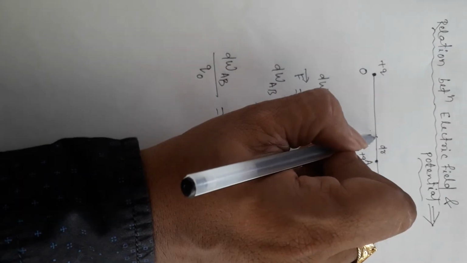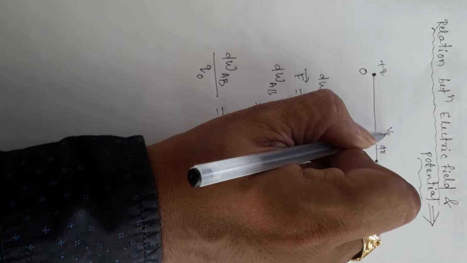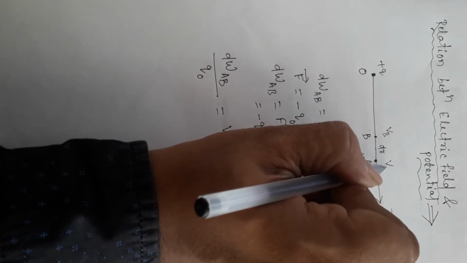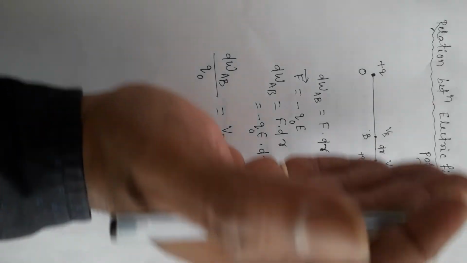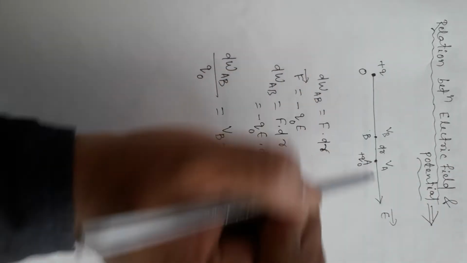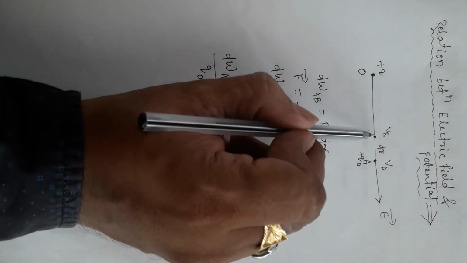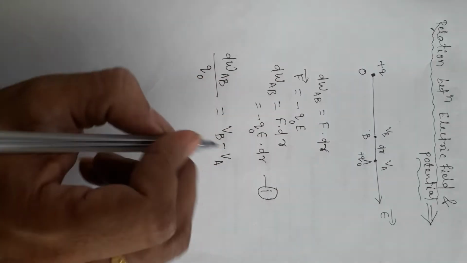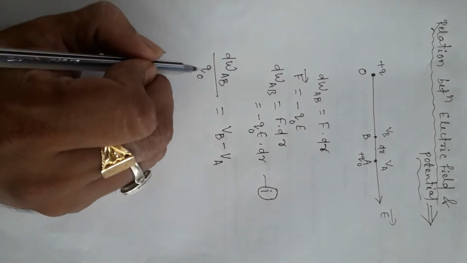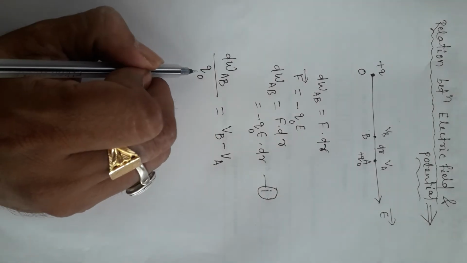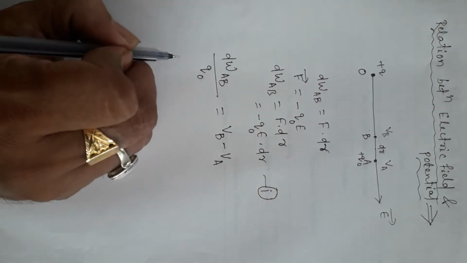Here the potential at point B is more than the potential at point A. The more the work done, the more the potential, so VB is greater than VA, and the difference is the potential difference, that is work done per unit test charge.